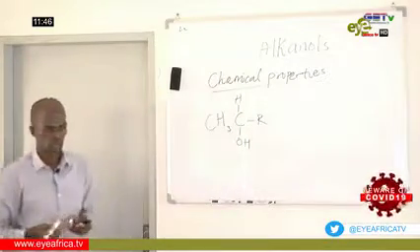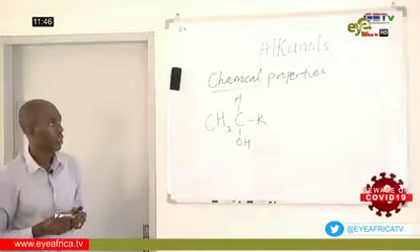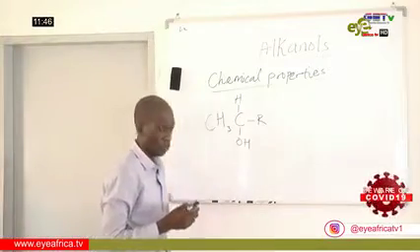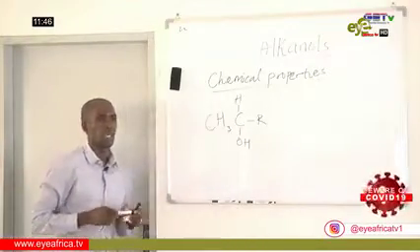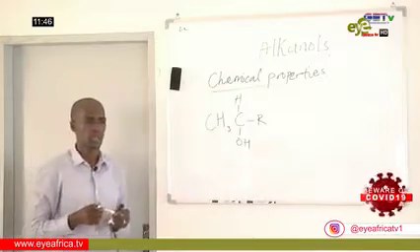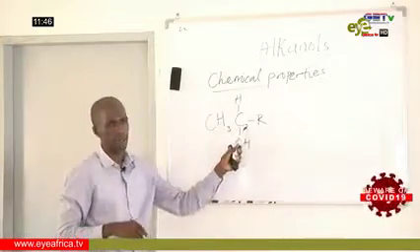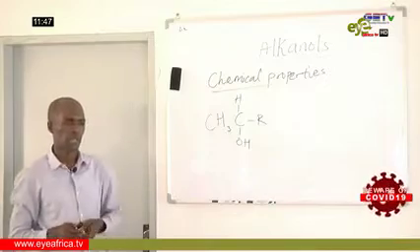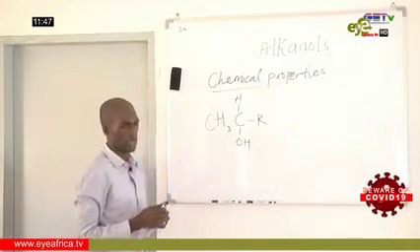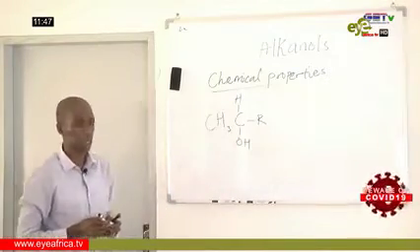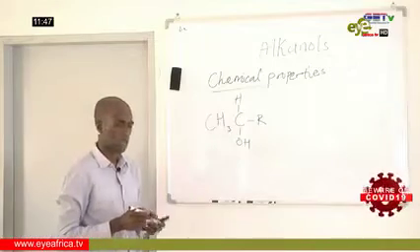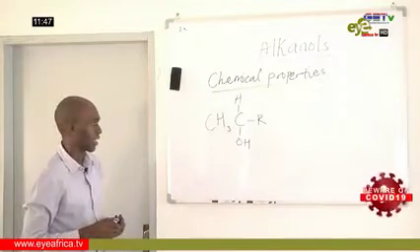So in reactions with iodine in the presence of sodium hydroxide, ethanol and secondary alcohols contain a structural unit that looks like that and are therefore oxidized to pale yellow triiodomethane on warming with iodine in the presence of sodium hydroxide solution. Let's take an example.